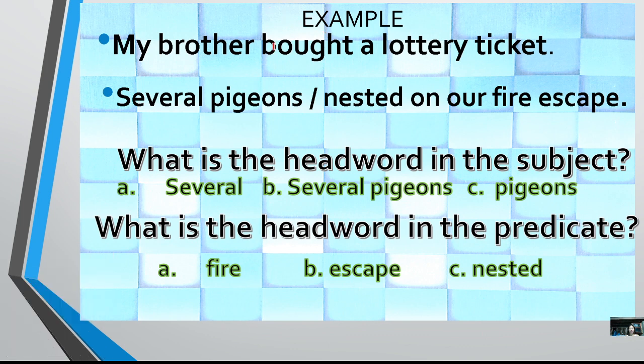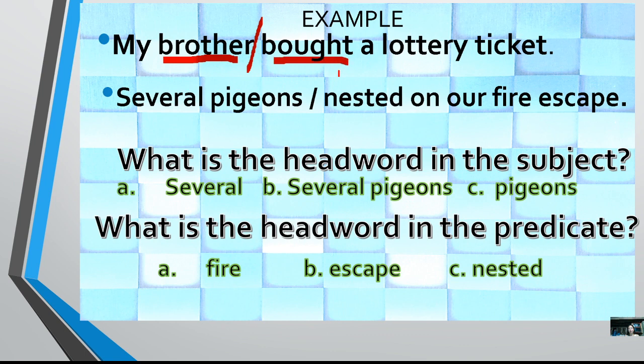So, my brother bought a lottery ticket. To separate, I will put the slash mark there, and then the instruction says you have to underline the headword under the subject part and the headword under the predicate part.